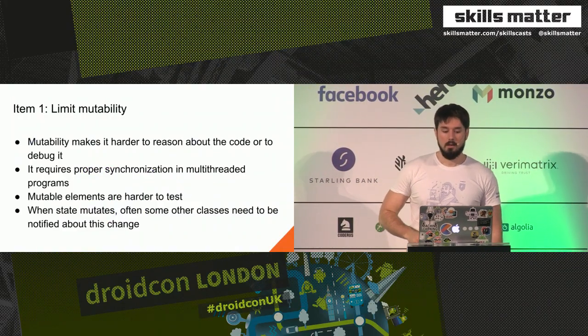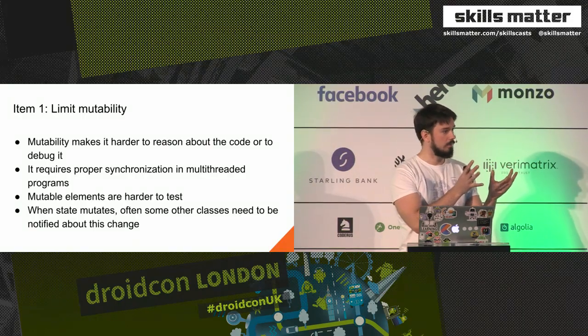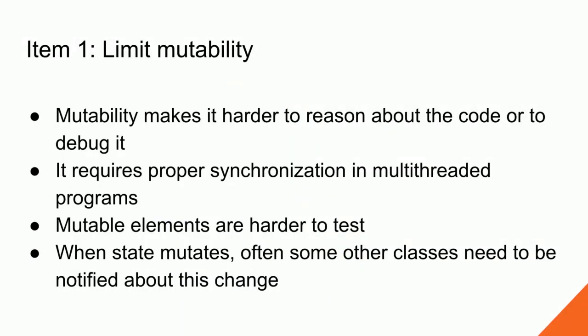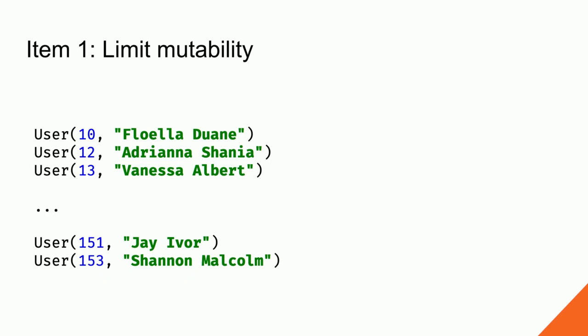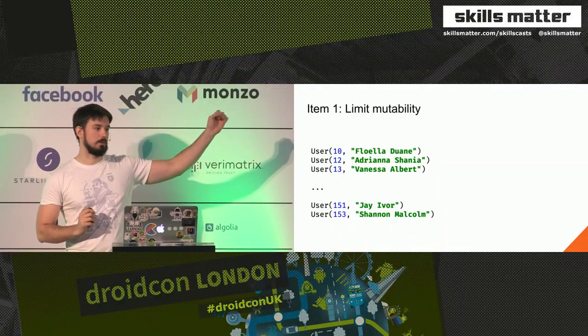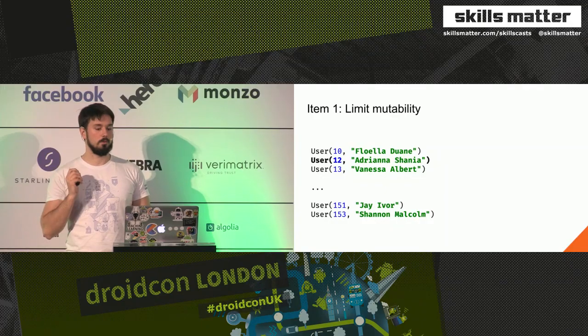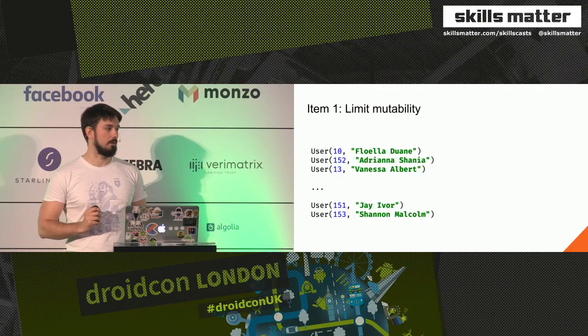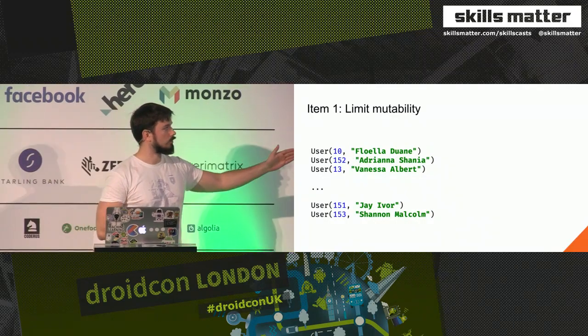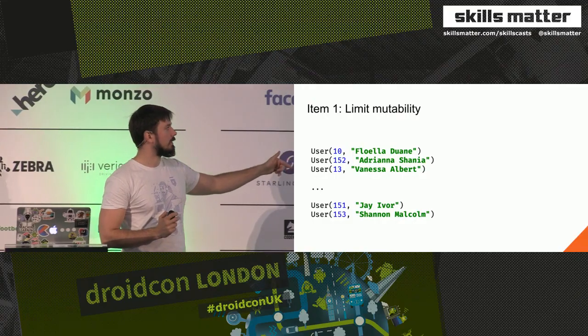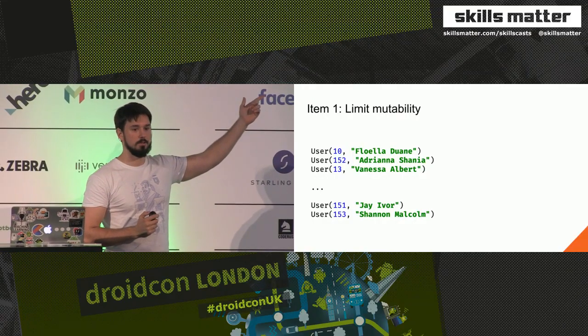And finally, when state mutates, it is common that something else needs to be updated. If you have a list with data, when you change this data, you need to update the list. A very simple example is, imagine that you have a sorted list of users, and then you modify one of those users. You change its ID. This list was sorted by ID, and so right now, the item is at an incorrect position.